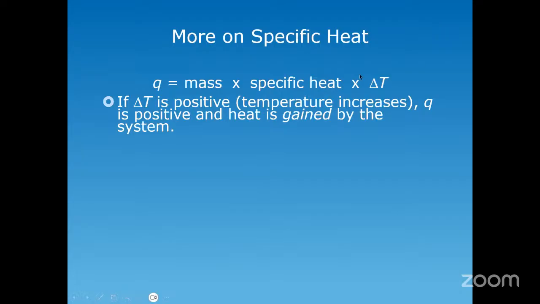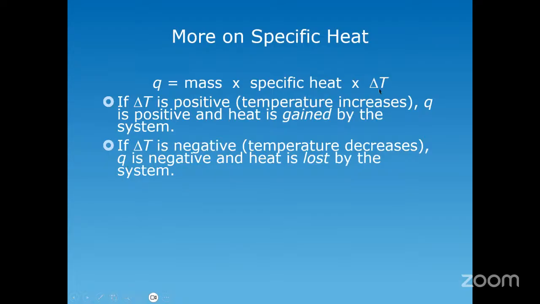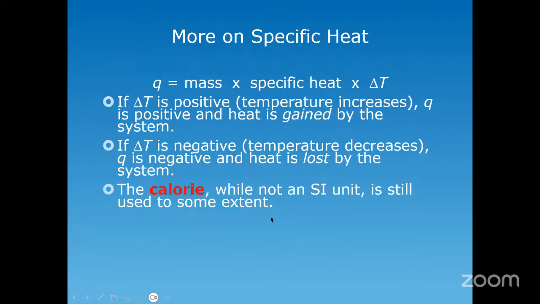If that's the case, then Q would be positive as well, which means that the system is absorbing heat, all right? The mass cannot be negative and the specific heat cannot be negative, right? So the only thing that can be negative or positive would be delta T. And as I said before, if this is positive, that means Q is positive, which means that the system is gaining heat. On the other hand, if delta T is negative, that means Q is negative, which means that the system is losing heat, right?